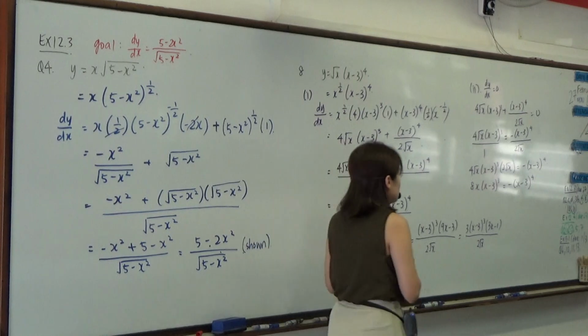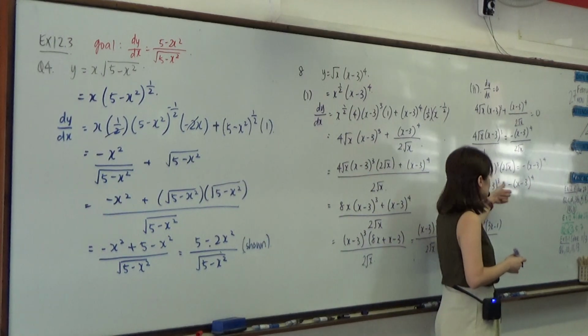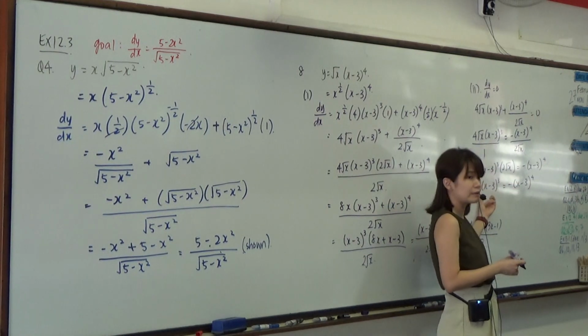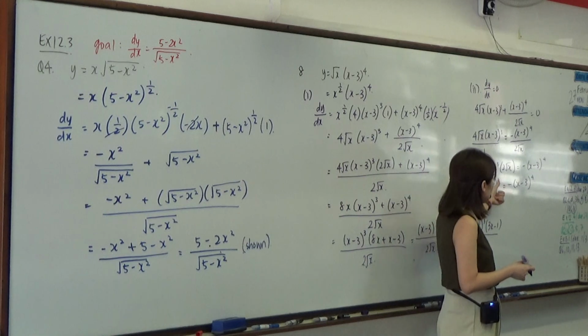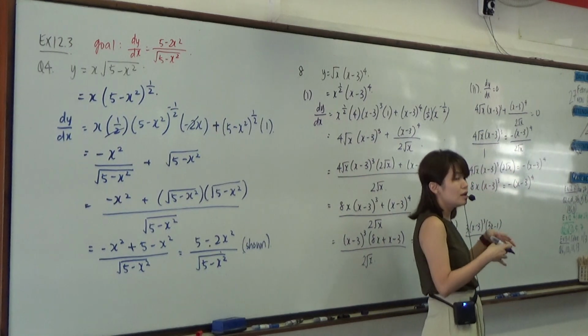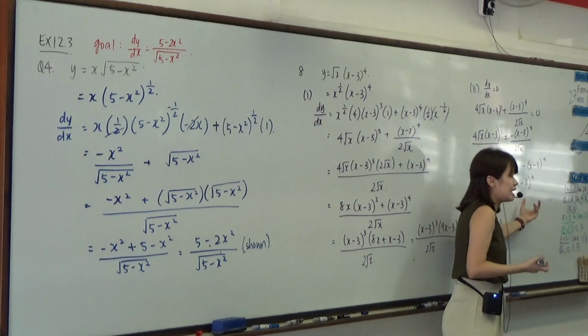We cannot cancel out the (x - 3) like that. You need to actually shift this thing to the left and factorize. The reason why we cannot cancel is because x minus 3 can be equal to 0, and by cancelling we're actually dividing. We cannot divide by 0.